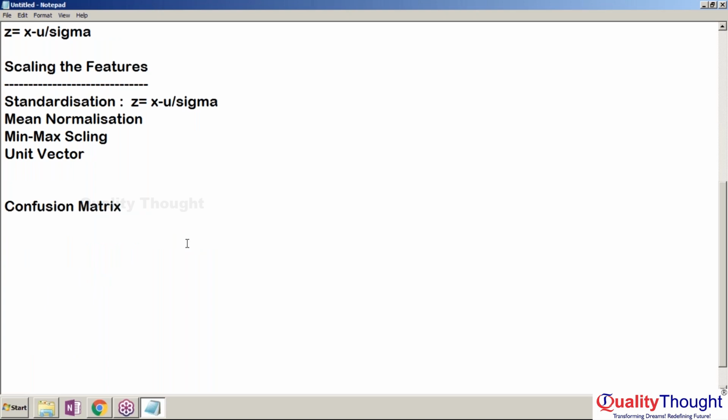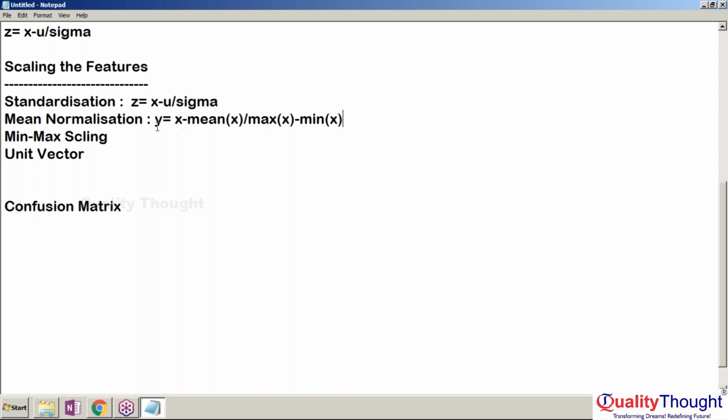Now, mean normalization. What do we mean by mean normalization, guys? Whenever you have, for example, something like this, y is equal to x minus mean of x divided by max of x minus minimum of x.